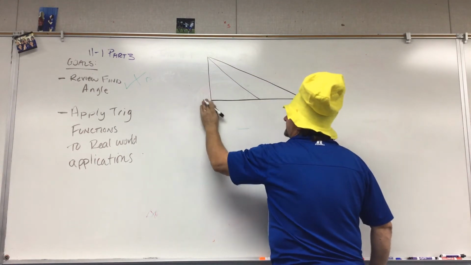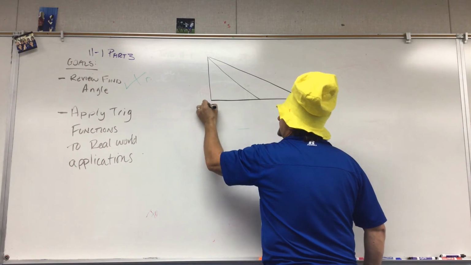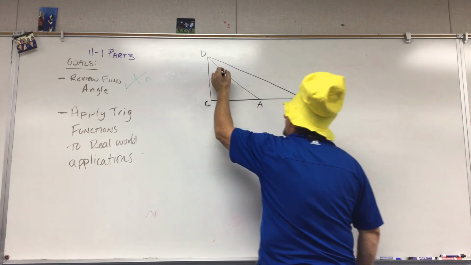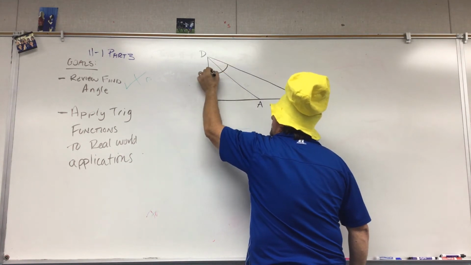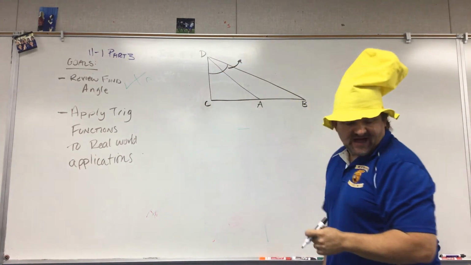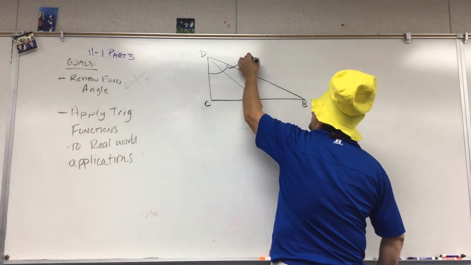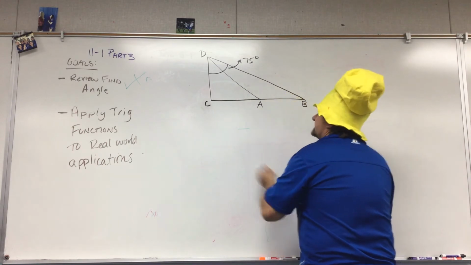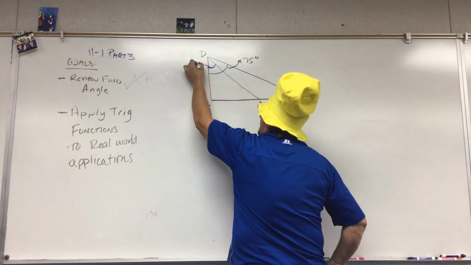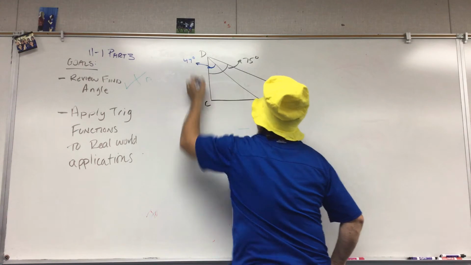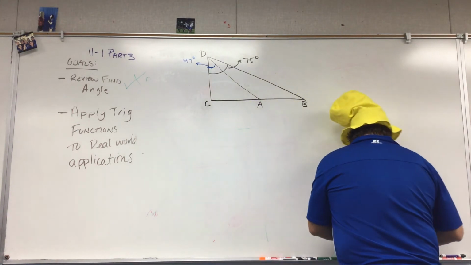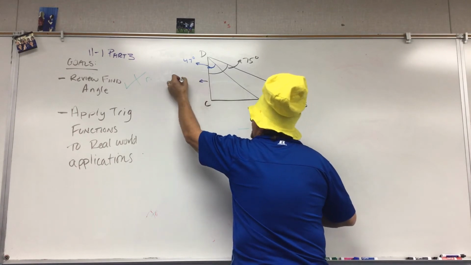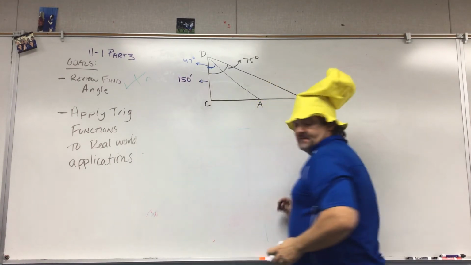This is A, C, D, and B. This big angle here is 75. This angle here is 47 degrees. And the height here is 150 feet.